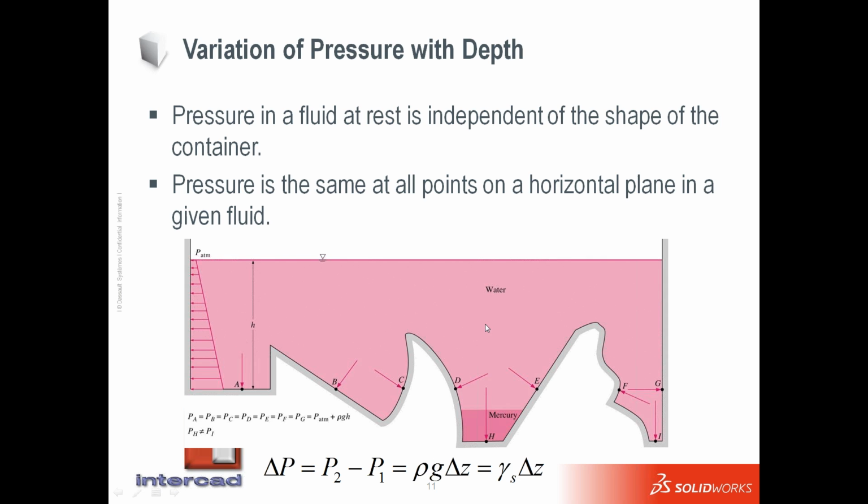So although they are at the same level, as the value of rho, or density, is increased, the pressure at point H is more than at point I. But a very important addition: this is what we're talking about for fluid statics, fluid which is not moving.